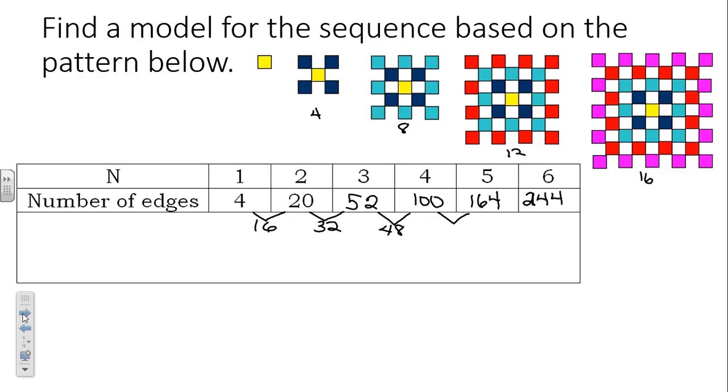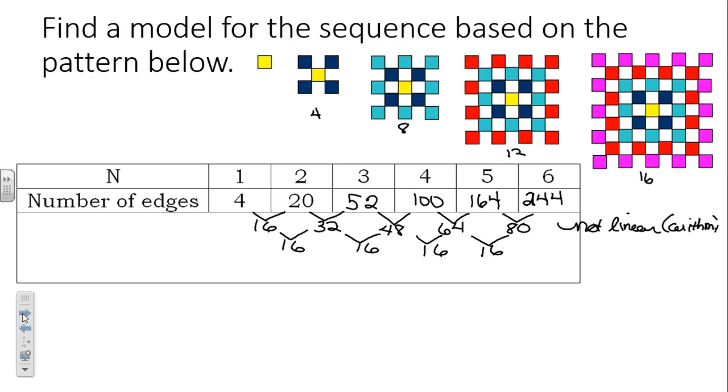So we know it's not arithmetic and it's not geometric. So differences here are, and how much for this one? Now, second differences. And 16. So we know it wasn't linear or arithmetic. We know it's quadratic.